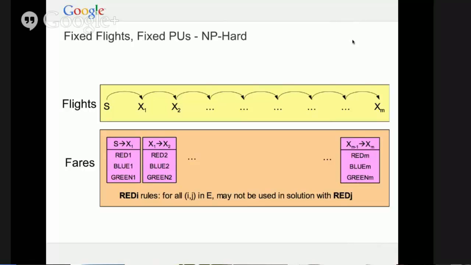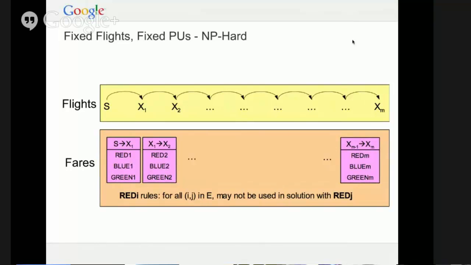So we have 3 fares, red 1, blue 1, green 1 for flight S to x1, which is, say, vertex 1. For vertex 2, which is x1 to x2, say the colors are red 2, blue 2, green 2, and so on. And then my flight restrictions essentially say that for all edges i, j, you cannot use a red i fare rule with a red j fare rule.